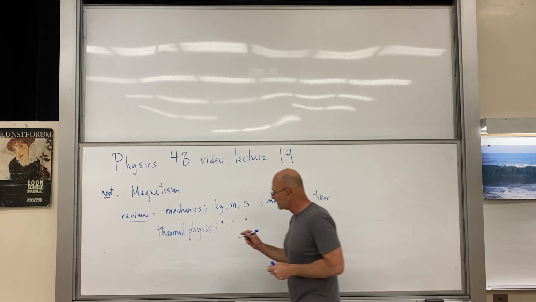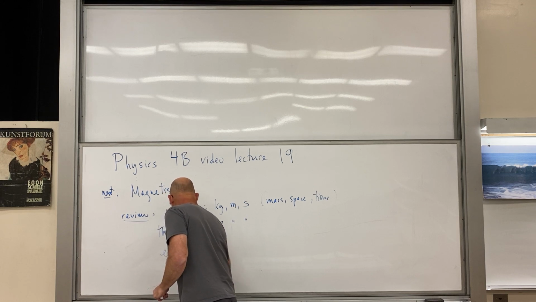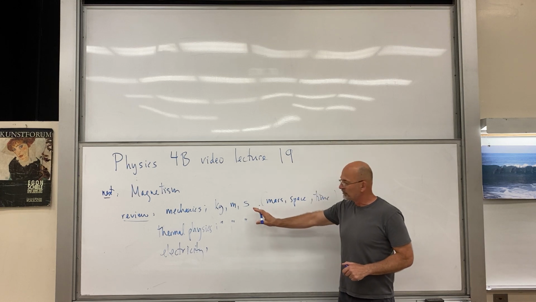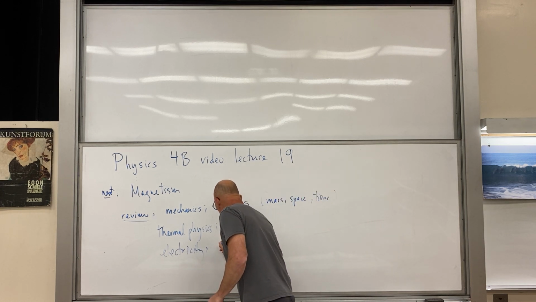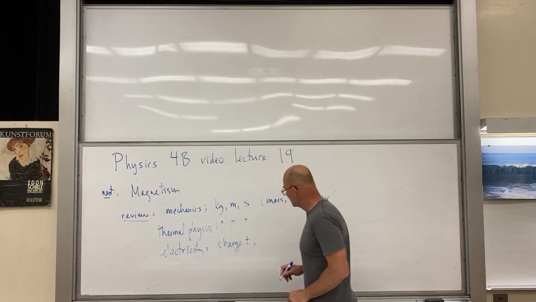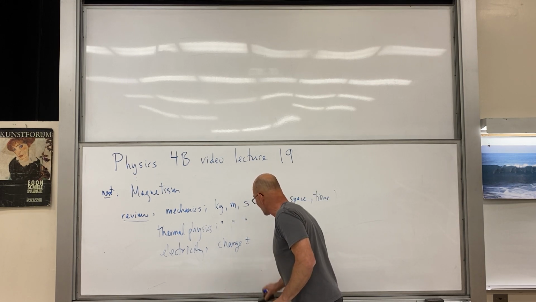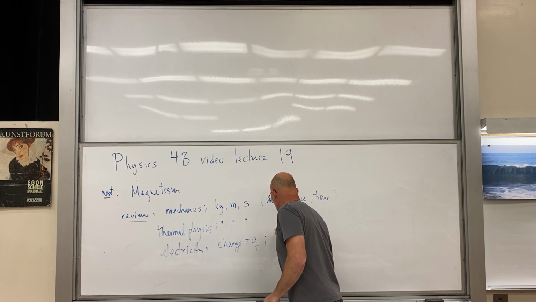Then we did electricity, and we did introduce something new. We still had our concepts of force and energy and so forth, but we did have a new quantity. It was charge, plus or minus Q, and the unit was the coulomb.